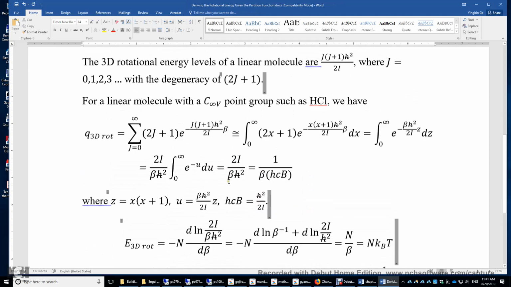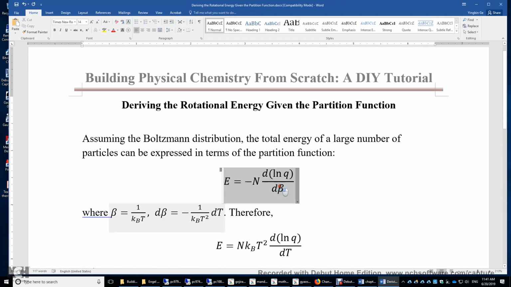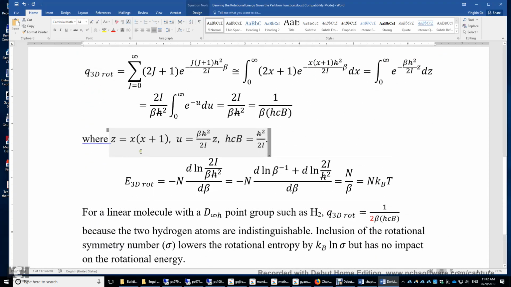And now we're going to use this equation to compute the three-dimensional rotational energy. E equals -n times d ln q over d beta. We plug in negative n and then d ln q. This part is your q over d beta. And this part can be expanded into the sum of two exact differentials.